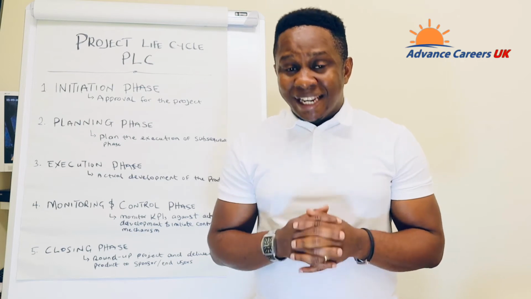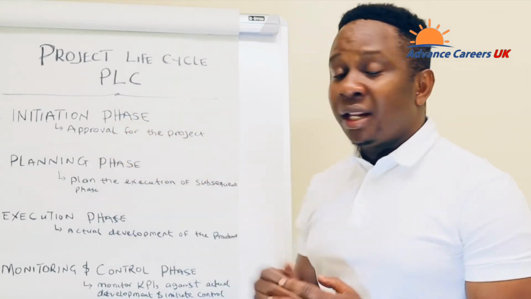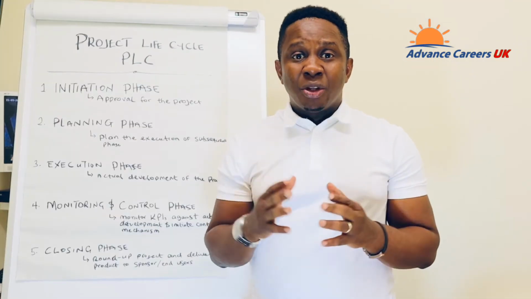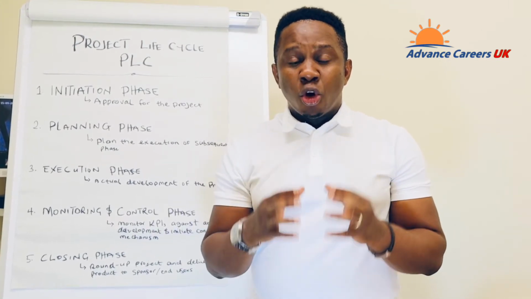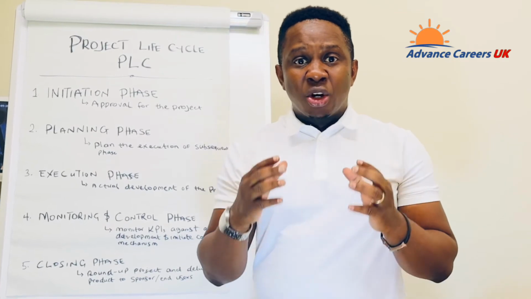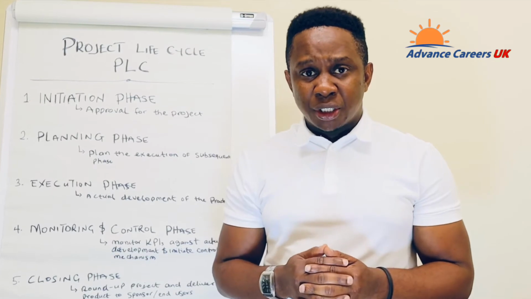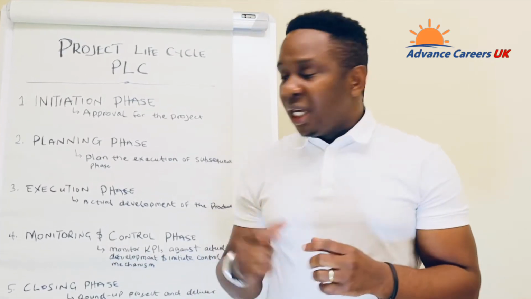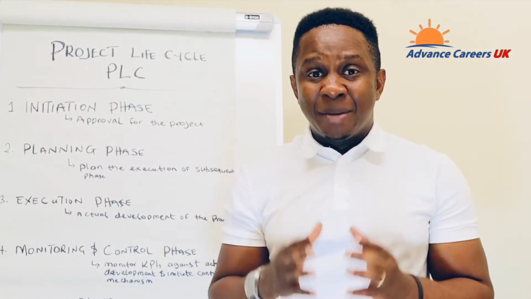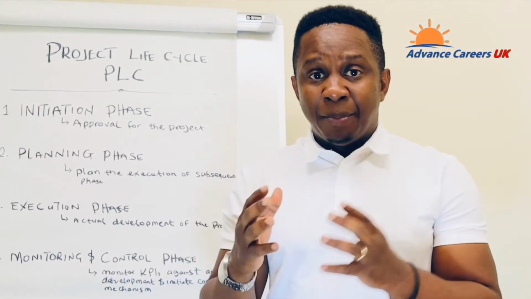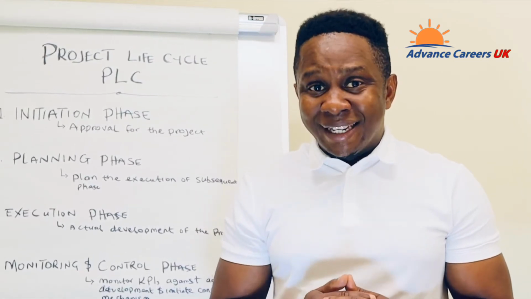In the project initiation phase, the goal is to get approval for the project, and you can do this by capturing the problems, the opportunities, the risk, the cost implication, the timeline for the project, and also the resources. Now, from the project initiation phase, we can determine whether or not the project is viable through the business case, the project charter, and other project initiation documents.